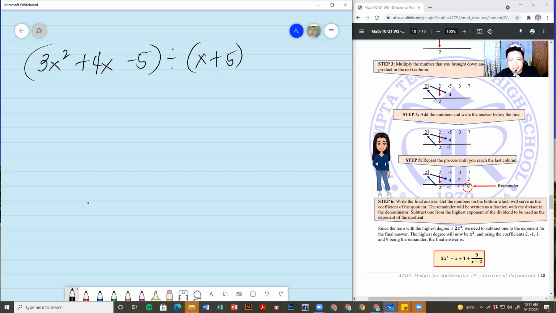Yes. Oh, sige nga. Do the synthetic division for this. Ganito. To those who would like to do the synthetic division, solve this using synthetic. And to those who would like to use the long division, solve this using long division. Okay? Time starts now. Go. Type your answer in the chat box when you're done. Start. Go.